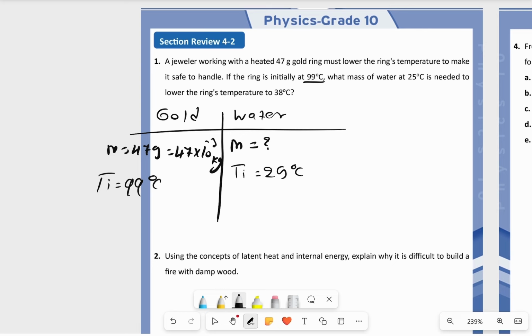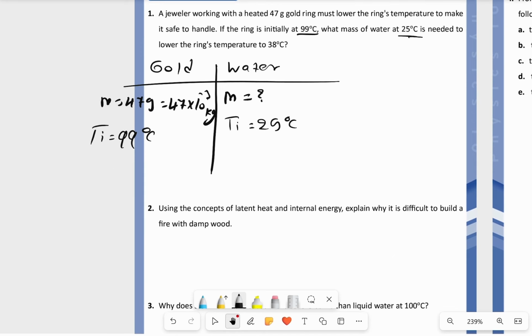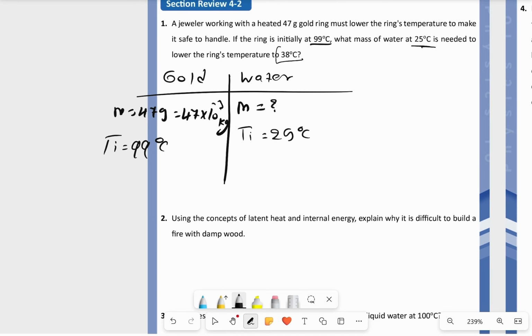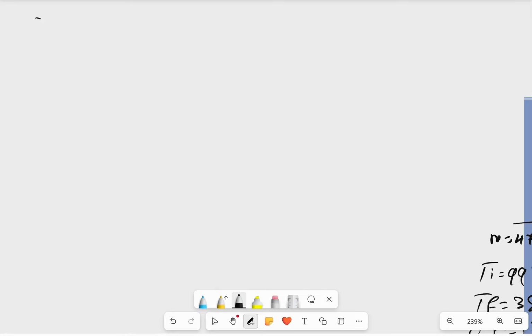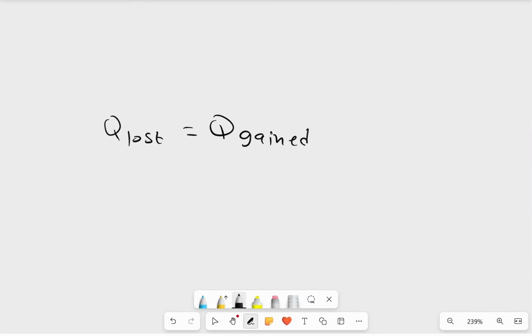Do we have T final for both of them? Yes. Since the ring is going to be put inside the water, T final for both is going to be 38 Celsius. Cp of gold is equal to 129 and Cp of water is 4186.